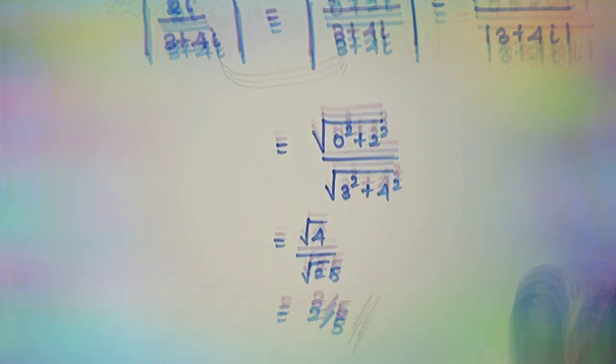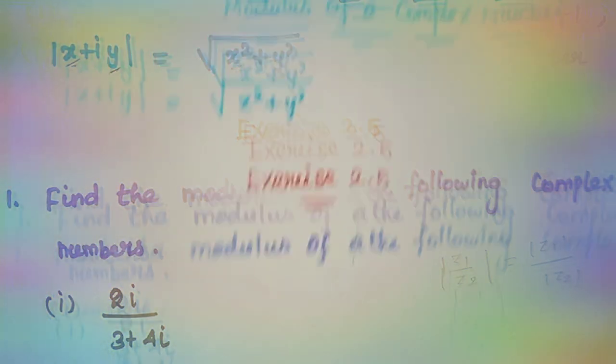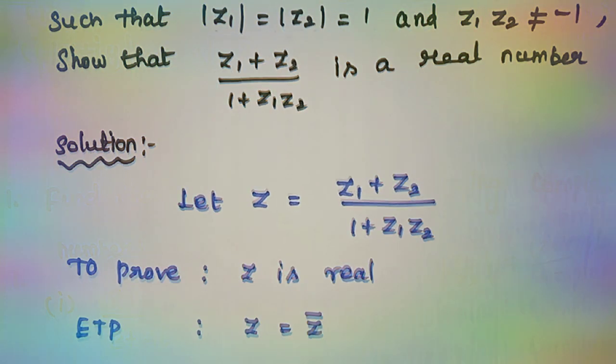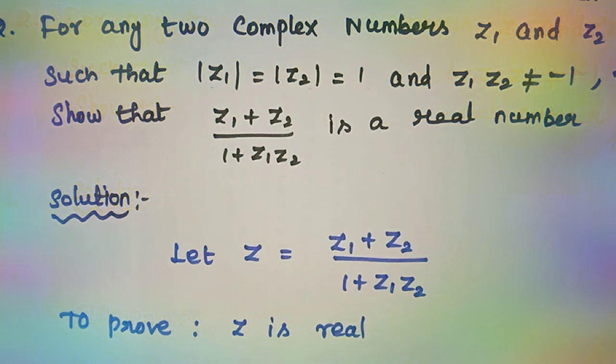Next, sum number 2. For any two complex numbers z1 and z2 such that modulus of z1 and modulus of z2 equal 1 and z1 z2 is not equal to minus 1, show that z1 plus z2 by 1 plus z1 z2 is a real number.